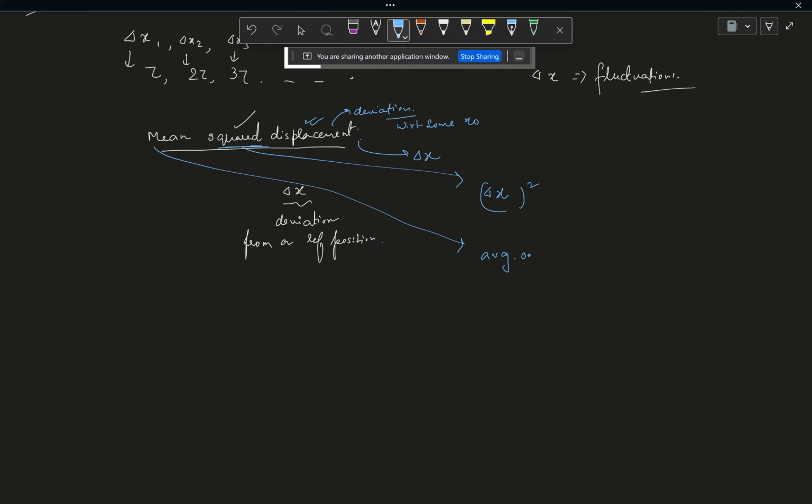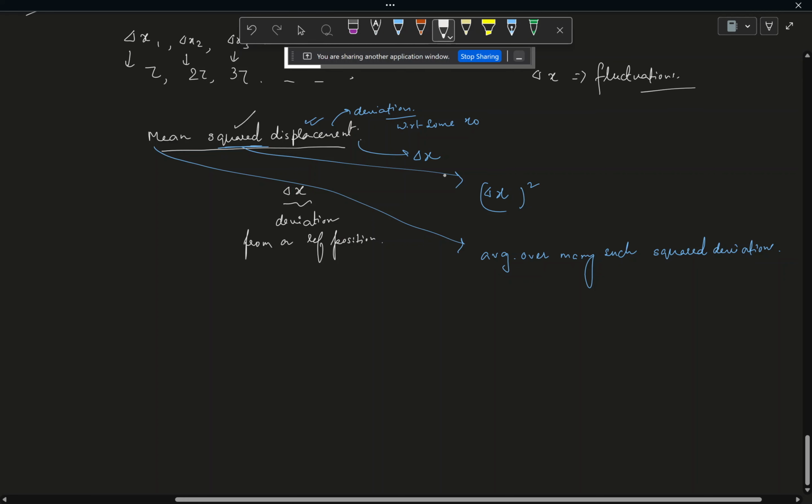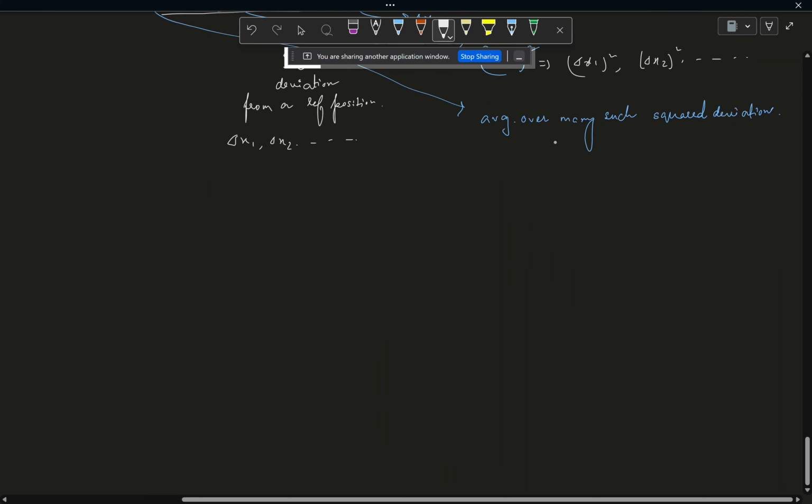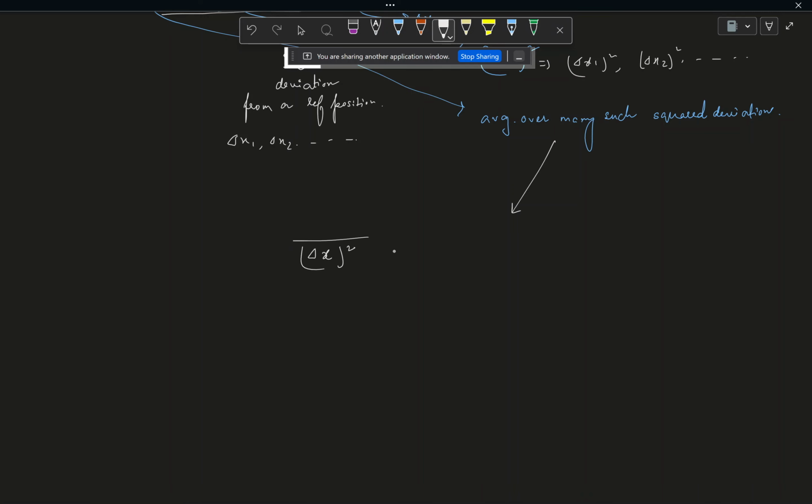So basically you average over many such squared deviations or displacements. That means you will be taking delta x1, delta x2, etc. Then in the next step for square displacements, you have simply delta x1 squared, delta x2 squared, dot dot dot similarly. And when you are taking an average of that, you are doing an average of this.